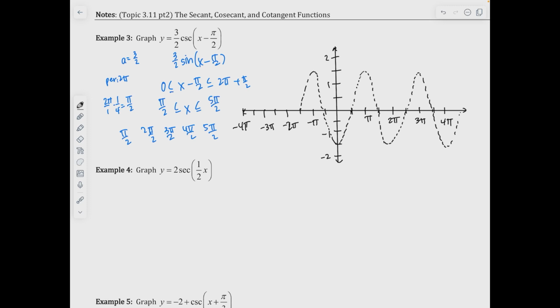And so what's going to happen now is I'm going to take my zeros, and for all of my zeros, I am going to draw my vertical asymptotes in.